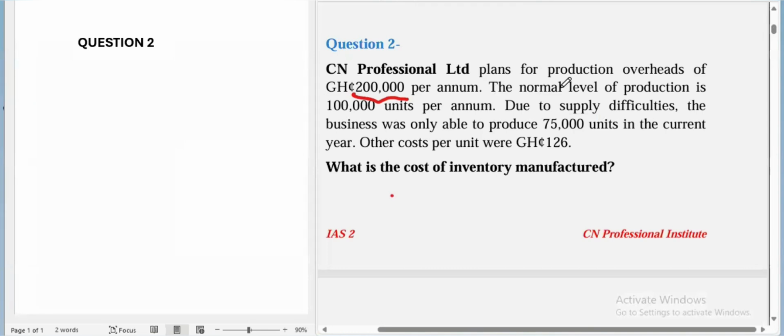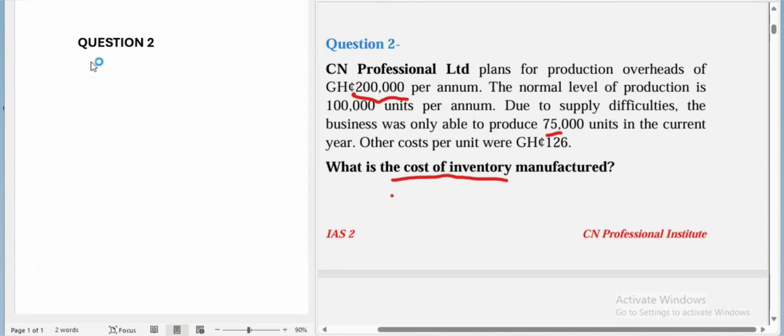The normal level of production is 100,000 units. Due to supply difficulties, the business was only able to produce 75,000 units in the current year. Other costs per unit were 126 Ghana cedis. And the requirement is, what is the cost of inventory manufactured?